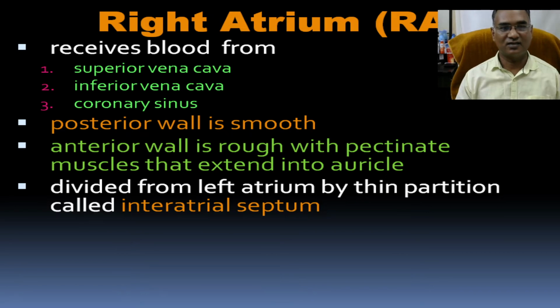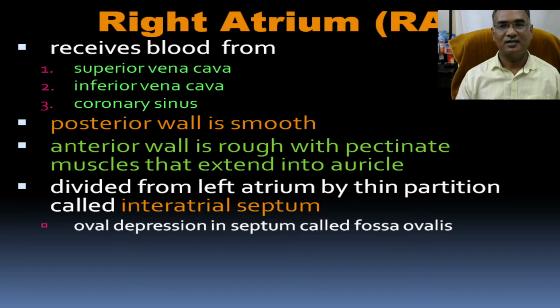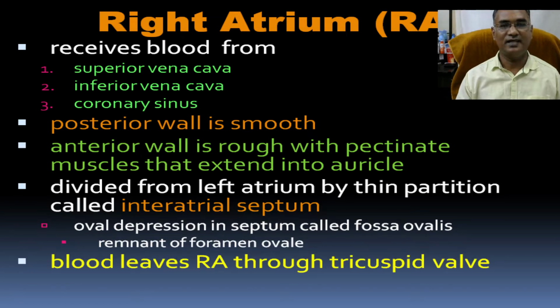And from the coronary sinus, deoxygenated blood from the parts of the body is also collected, and finally the blood leaves the right atrium through the tricuspid valve to the right ventricle.